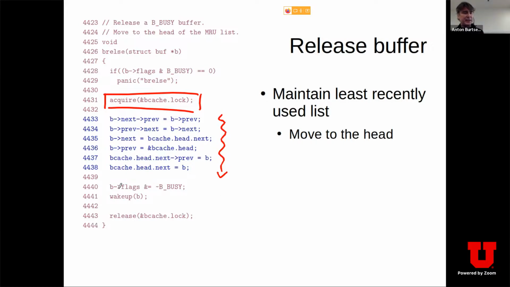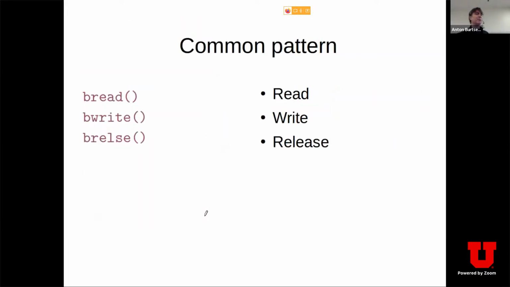You remove the busy flag and wake up everyone who can potentially be waiting on this block, because someone might be trying to access the same block. A typical pattern of accesses is that you do a block read, maybe you do an update with block write, and then you call block release. So this is the typical sequence.